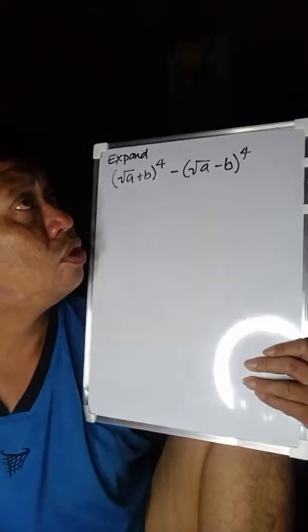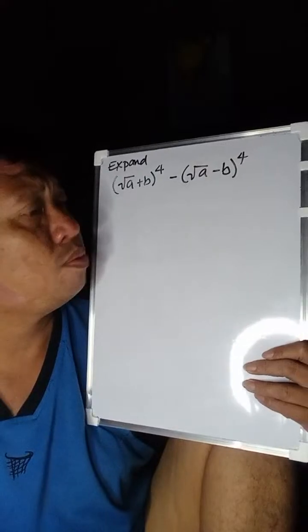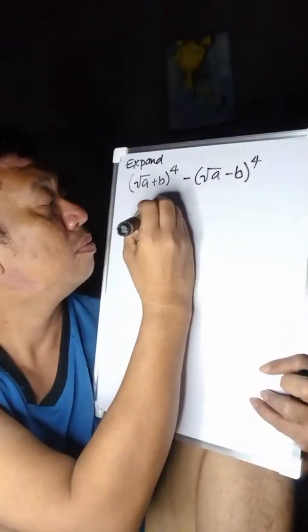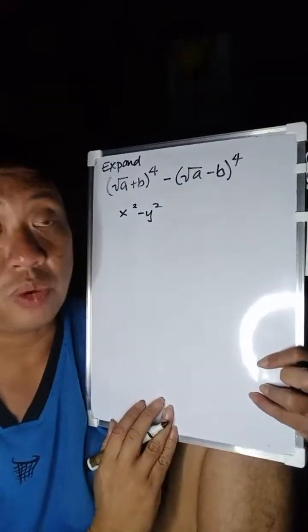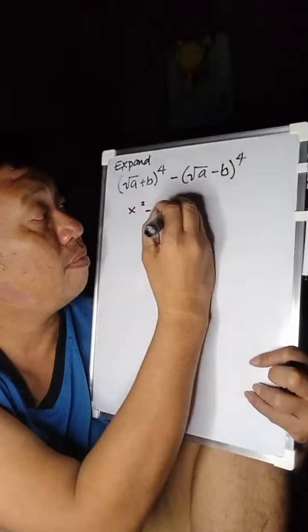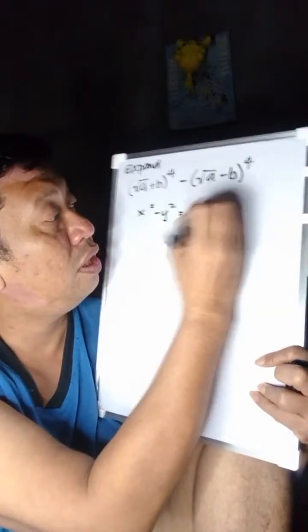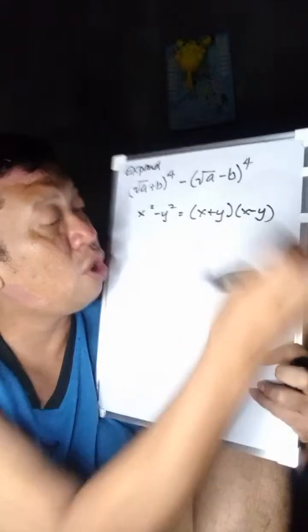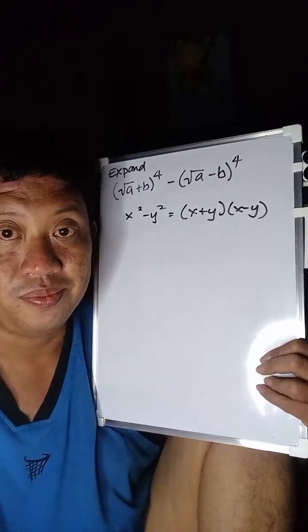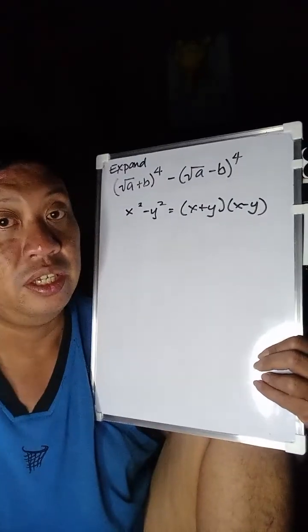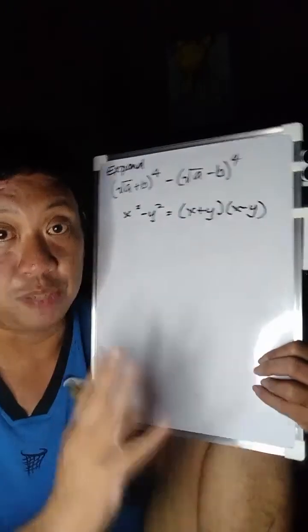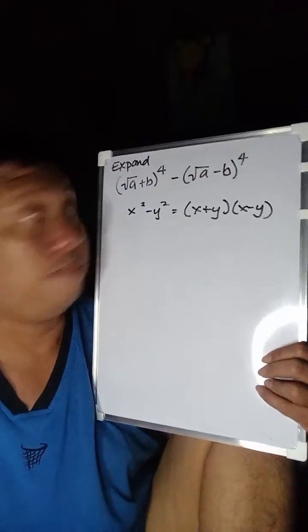We can use the difference of two squares, and if we extract this by factoring, it is in this form. So we're going to use this format just to downgrade the expression for a bit. And once we downgrade it, that's the time we can expand it in a more normal way.